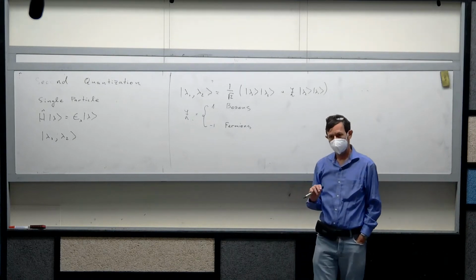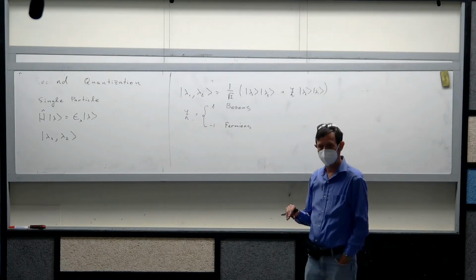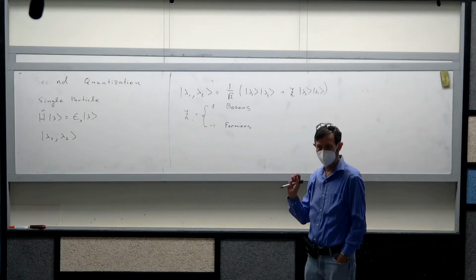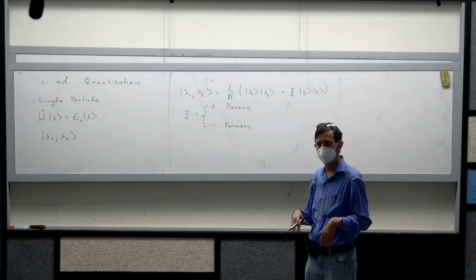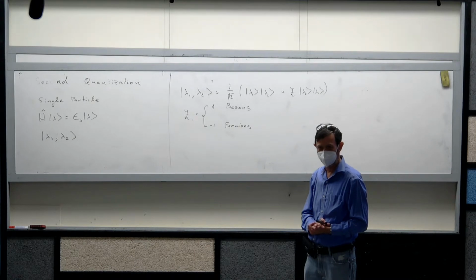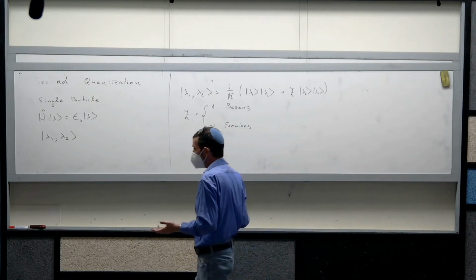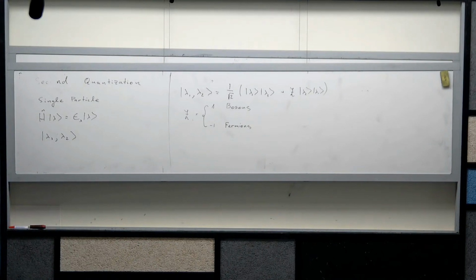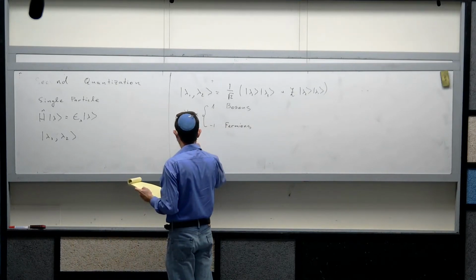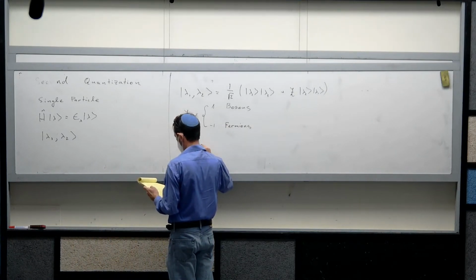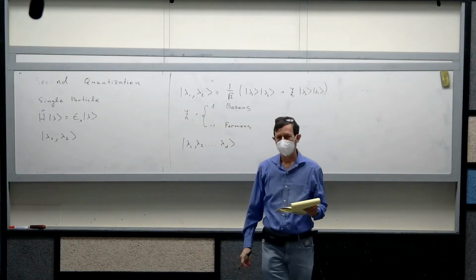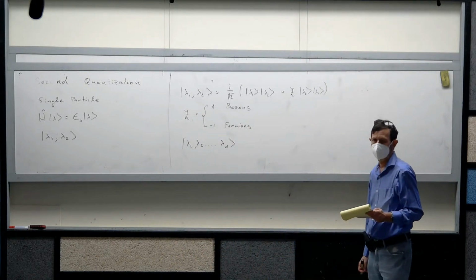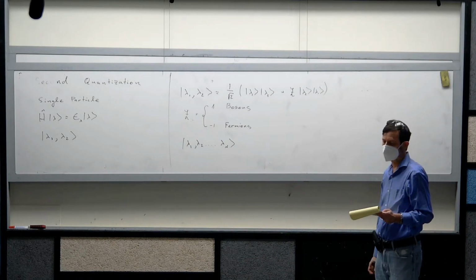Okay, that's great for writing down a wave function of 2 particles. Well, we need a wave function for 10 to the 23 particles. Okay, so let's say I have n, large n particles.